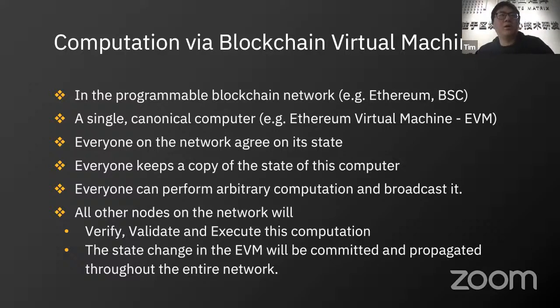Everyone on this network agrees on its state. Everyone keeps a copy of the state of this computer, and everyone can perform a computation and broadcast it. All other nodes on this network will verify, validate, and execute this computation. That makes sure the computation is not malicious, right?